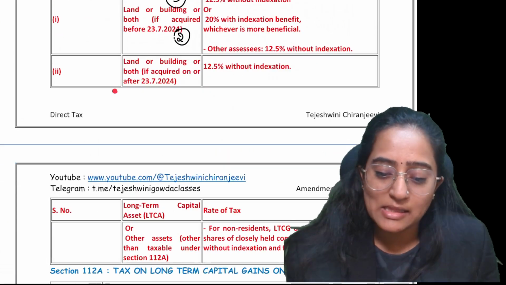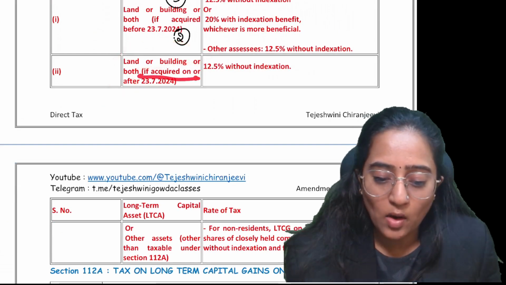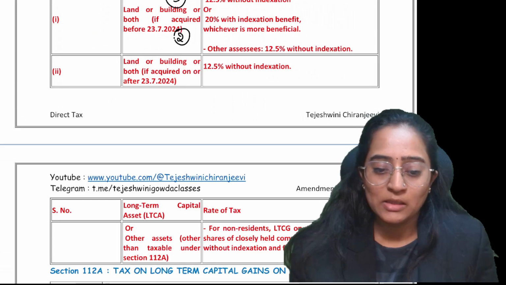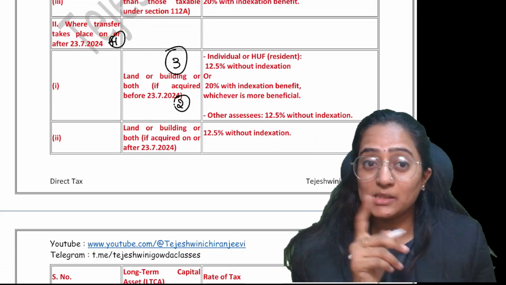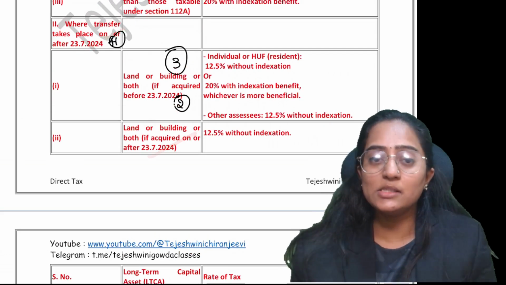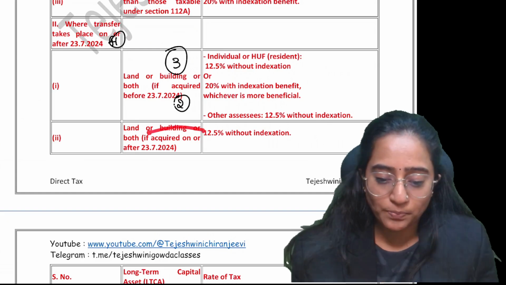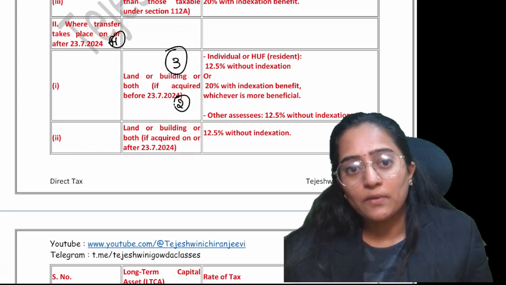What if it is land, building or both, and it is acquired on or after 23/7/2024? This is land, building or both only. The transfer has taken place after, and now it is acquired on or after 23/7/2024. That is, you have purchased it after 23/7.